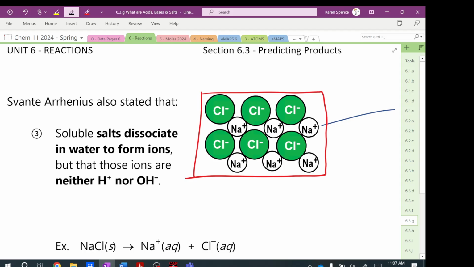Anyway, we're talking about a space salt. Salts are simply ionic compounds. All ionic compounds that don't contain OH.